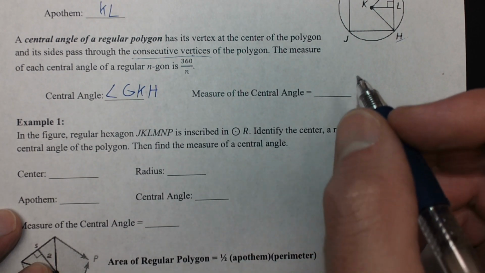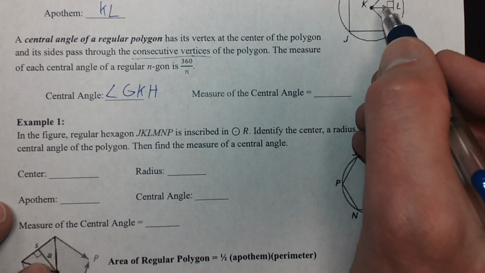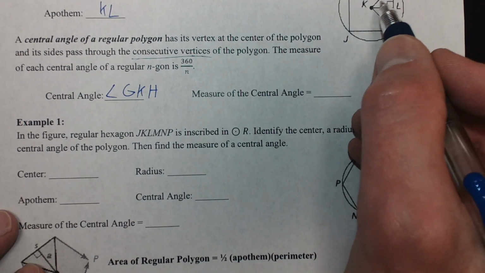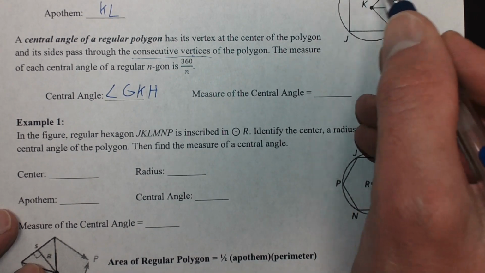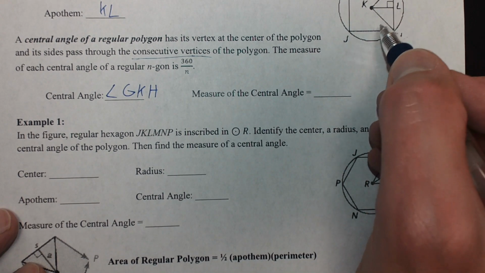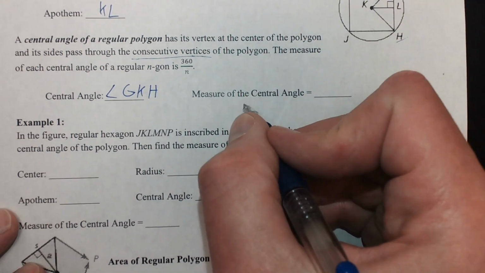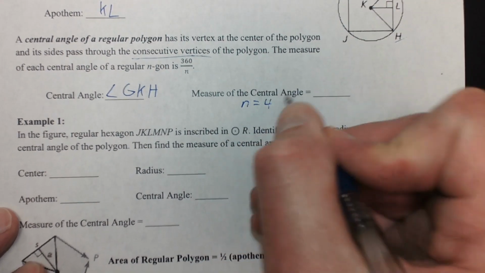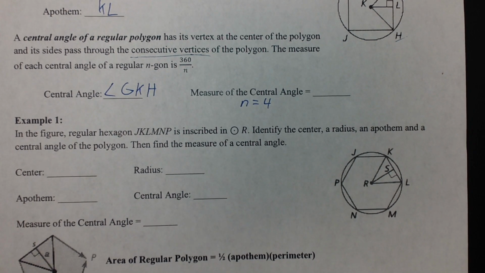Now, what is the measure of that central angle? Well, it really comes down to how many slices you are cutting the circle into. If we cut it into all the slices that you could get, you'd have four central angles: one on the right, one on the bottom, one on the left, one on the top. So n is equal to 4, where n is the number of sides, or even the number of central angles.